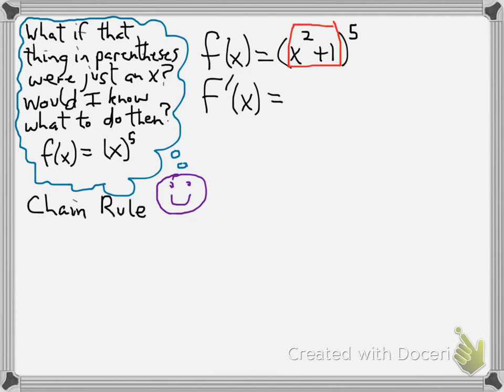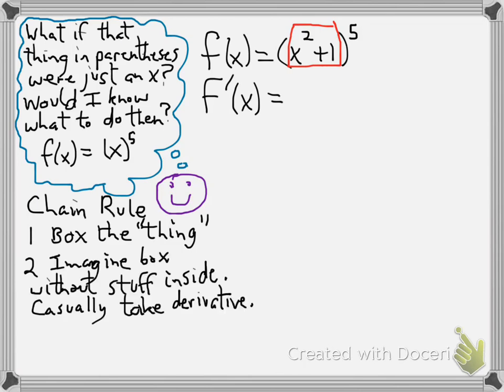I usually break the chain rule down into 4 steps. Step 1 we've done already, which is to box the thing. That thing in parentheses that we wished was x. Number 2, I want you to start imagining the box without the x squared plus 1 and just call it box, like f of x equals box to the 5th, and then casually take a derivative of box to the 5th.